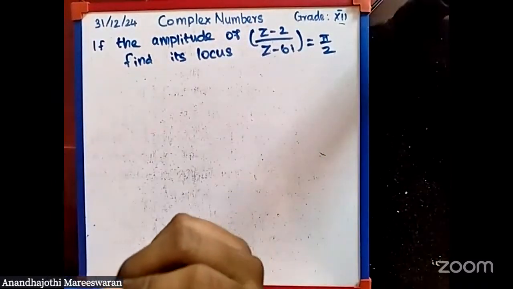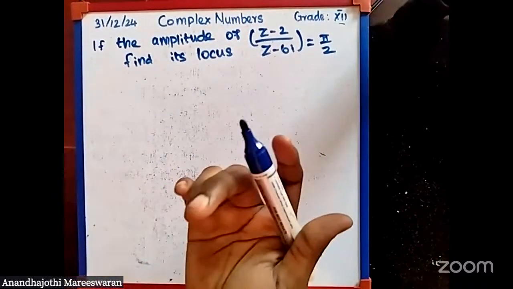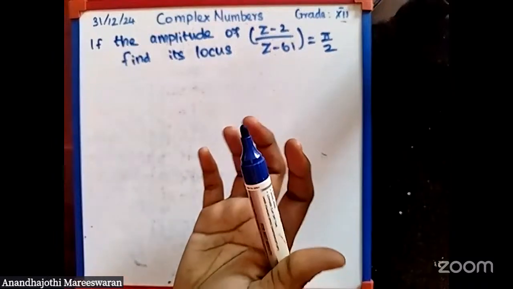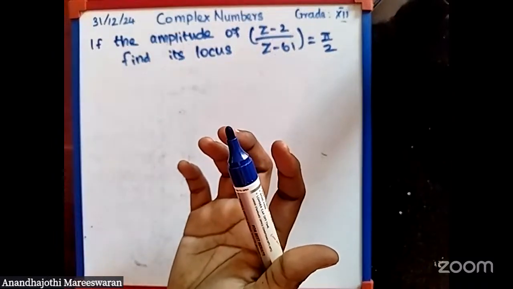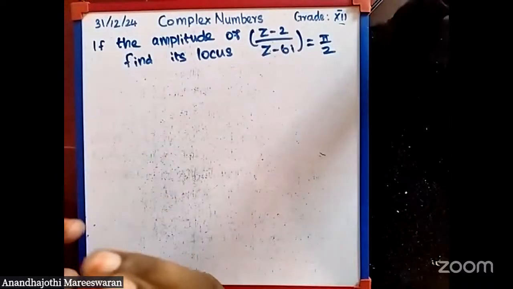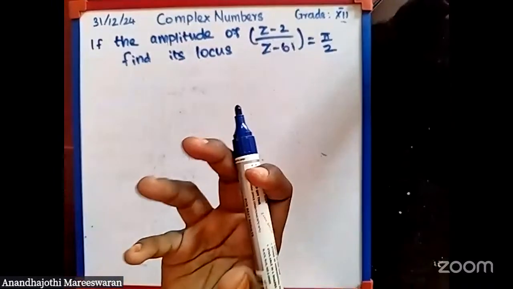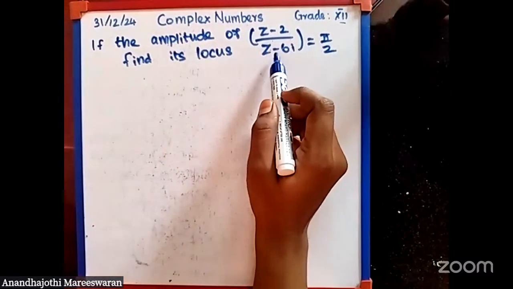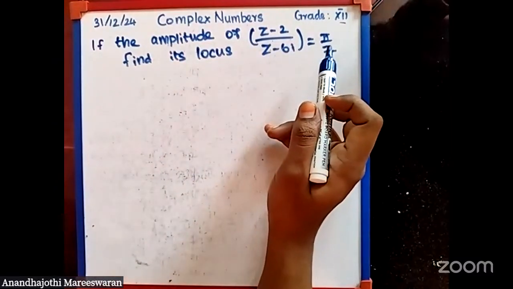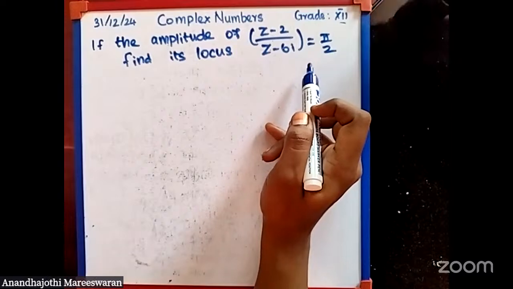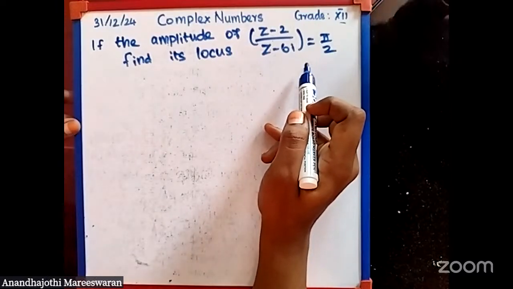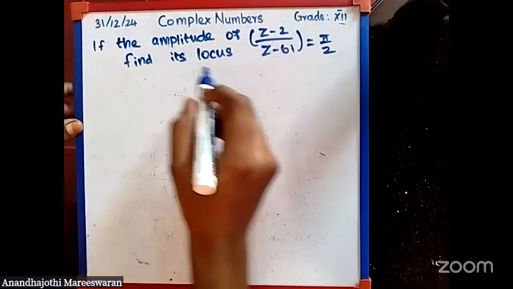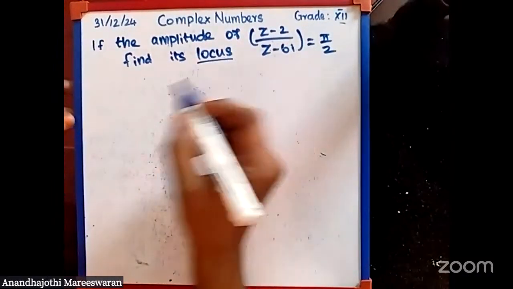Last sum they directly gave that the real part of a complex number, right? Now they are giving that the amplitude value of this complex number equals pi by 2, right? Shall we solve? They ask us to find the locus.